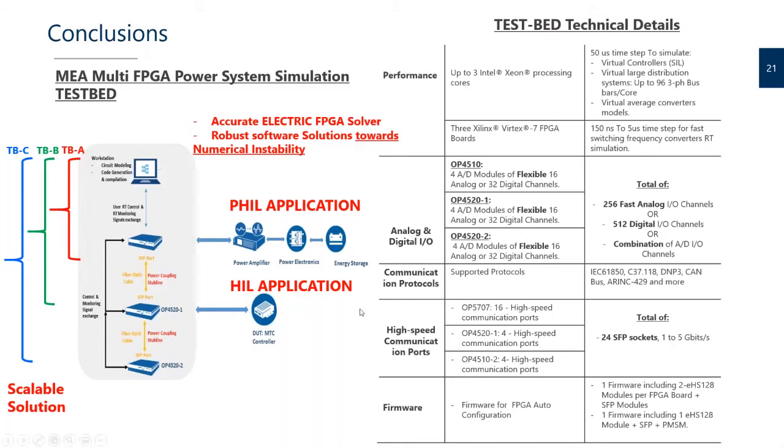Using the analog and digital input outputs, the platform can be easily connected to a real device under test, which can be a controller or a protection relay. Also, we can test real components such as a battery with the converter by connecting it to the simulator through a real power amplifier.